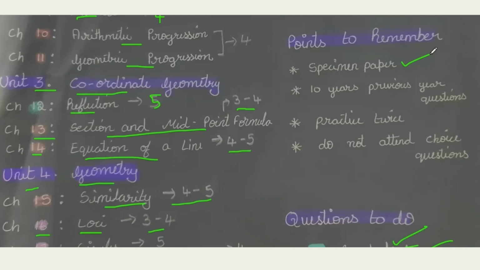So you should do 10 years solved PYQs, that is previous year questions. I have observed that from the past 10 years of PYQs only, they are giving the questions to the students. So this time the board has decided to give questions from 10 years solved papers, so you practice twice or thrice the 10 years solved questions.